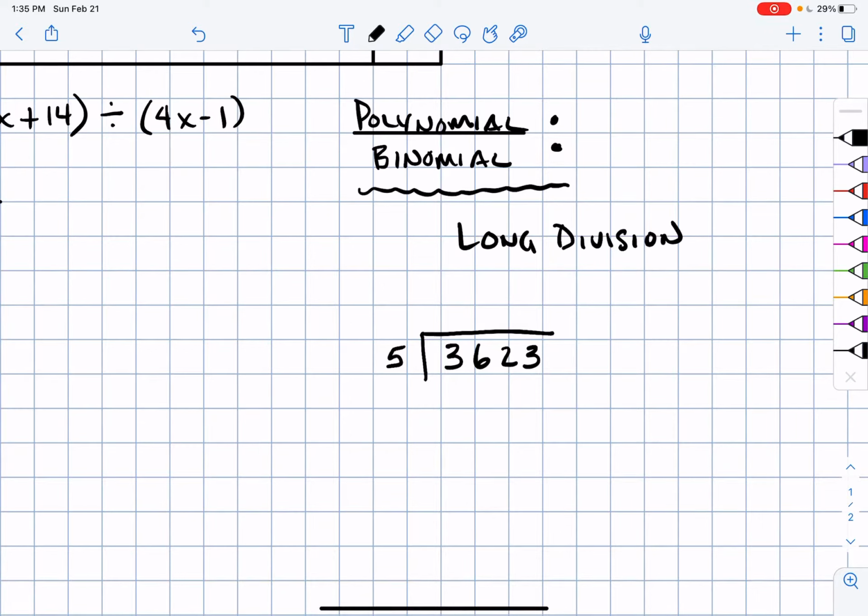Okay. So back in the day when you did this, back in the day meaning like back in 4th grade probably, you ask, how many times does 5 go into 36, right? And you'll say, well, that would be 7 times, right? So first thing you did was ask yourself how many times it goes in. Then the second step, you would multiply the 7 times 5 and get 35.